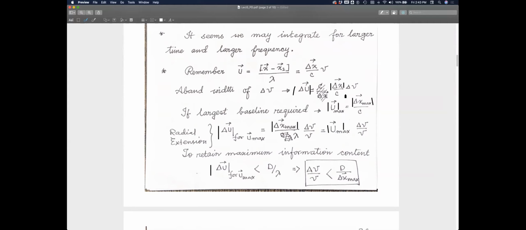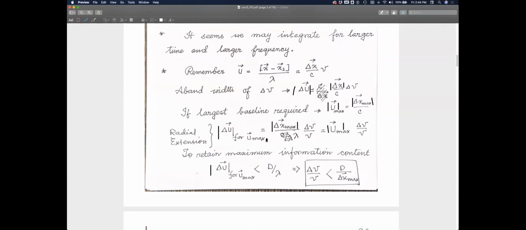So that is fixed. So there should be delta x max by lambda here, not c. But if you work it out, you will see that the maximum radial extent that you will get for a frequency delta nu is u max times delta nu by nu, which you can also call the fractional channel width. Fractional because channel width divided by the frequency of observation.